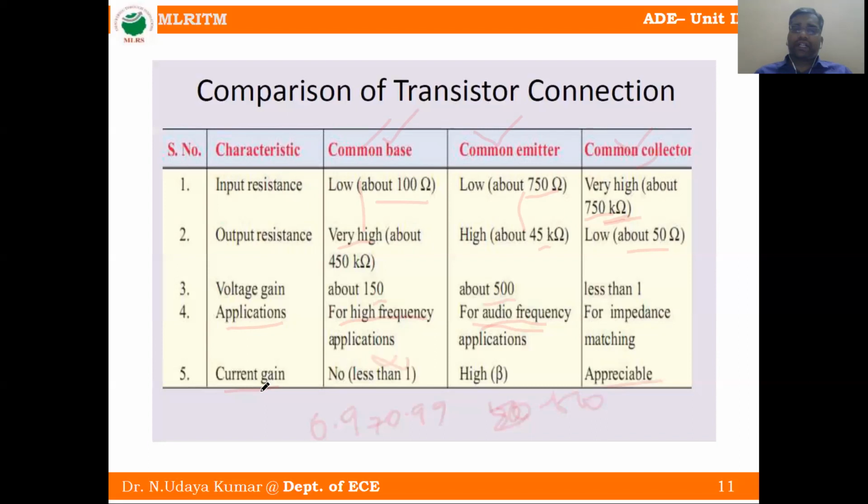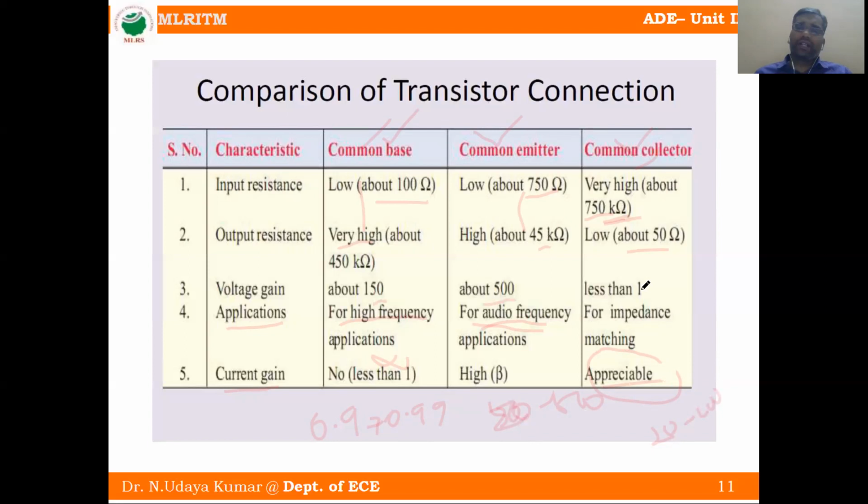This is the current gain. Beta is 50 to 500, and in the other configuration it is also between 20 and 100.